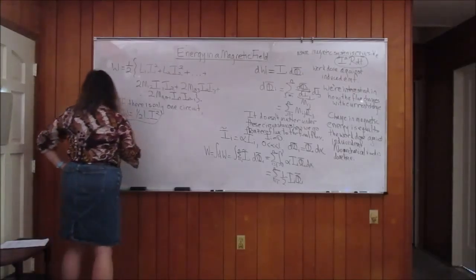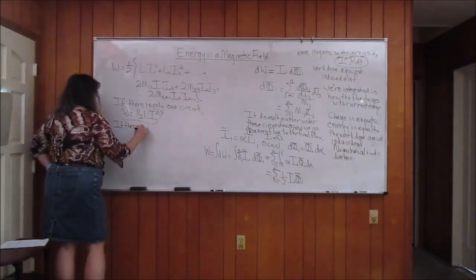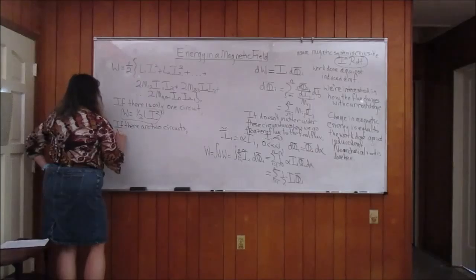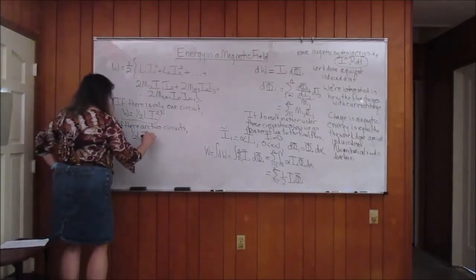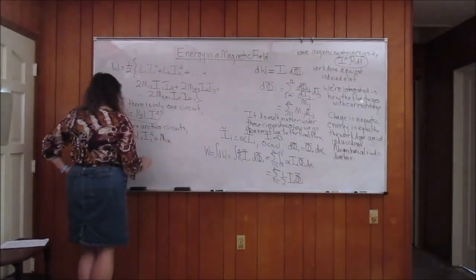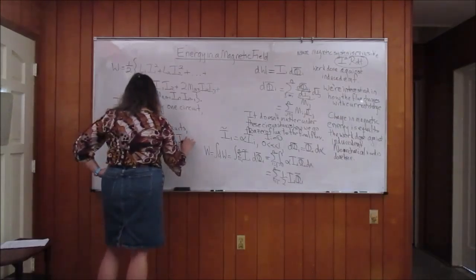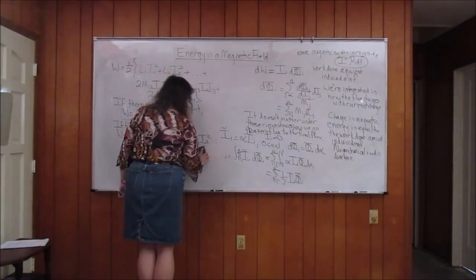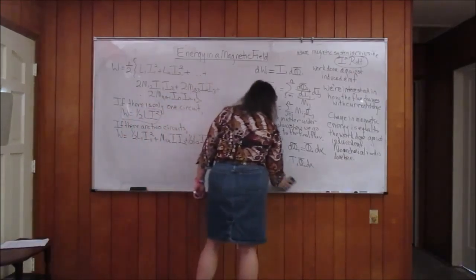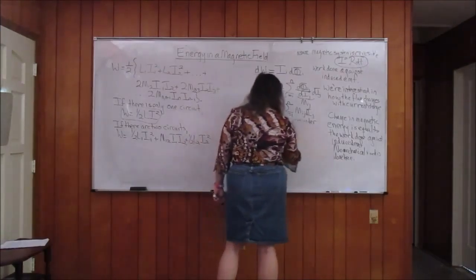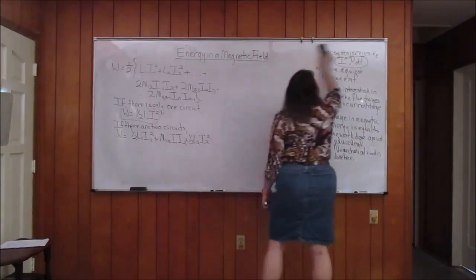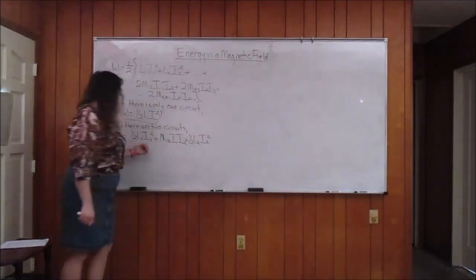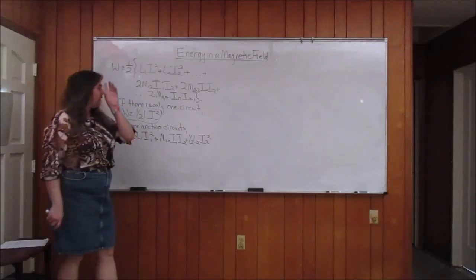If you happen to have two circuits, energy is equal to the term due to circuit 1, term due to circuit 2, and the coupling between the two circuits.